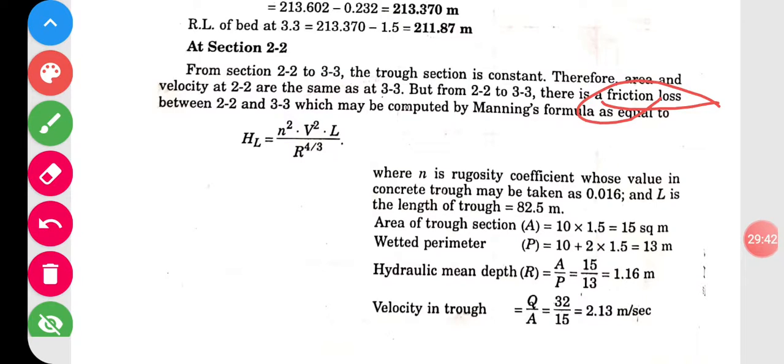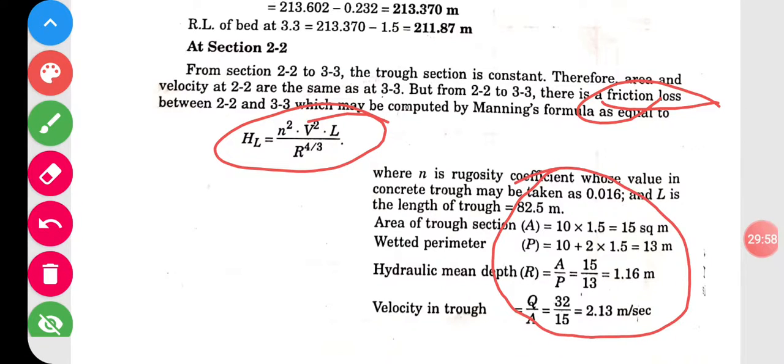Friction loss is calculated by this equation: HL is equal to n square v square L upon r to the power 4/3. All these things are given here. What is area? Area of the trough section. What is P? P is the wetted perimeter.